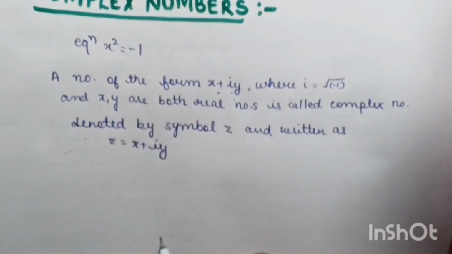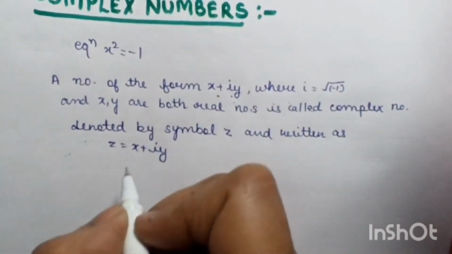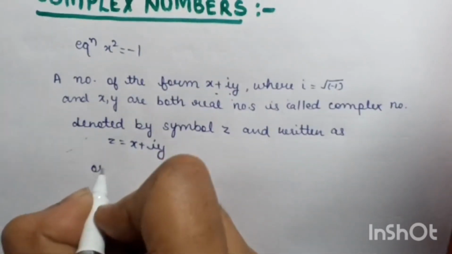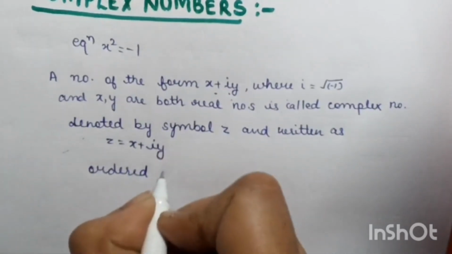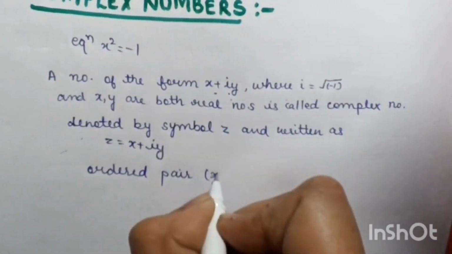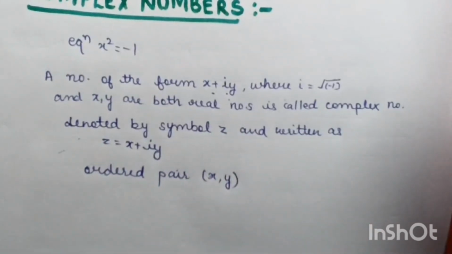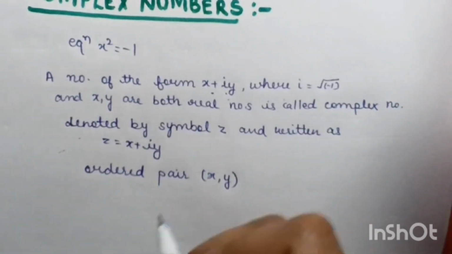A complex number is also defined as an ordered pair x comma y of real numbers.